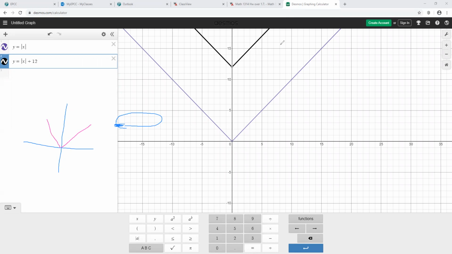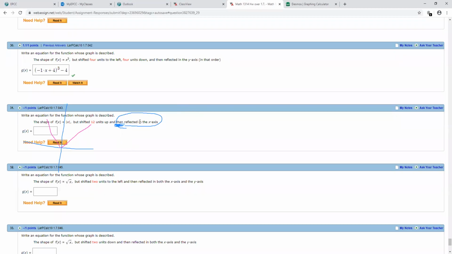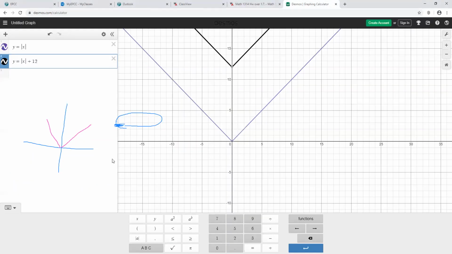And what if we would have reflected over the x-axis first? If you would reflect over the x-axis first, then it would be like this. Reflect x-axis first. It would be this brown one, huh?